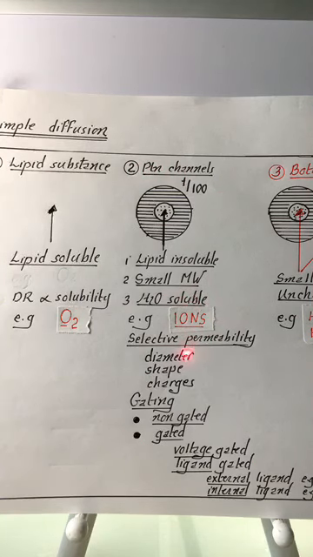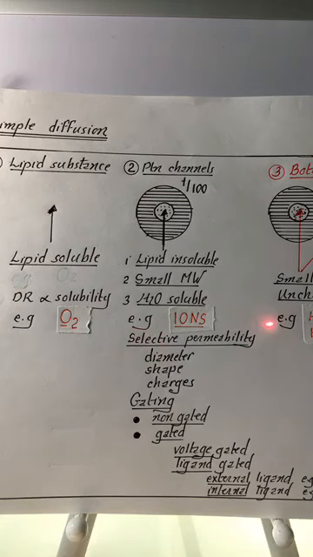What governs the passage of ions across the protein channels? Two things. First, selective permeability. Why will protein channels select one type of ions and not the other type? This is what we call selective permeability. This depends on three factors. Let's think.